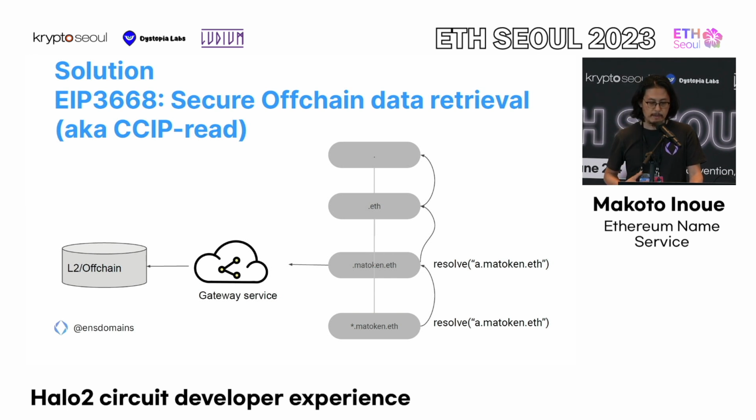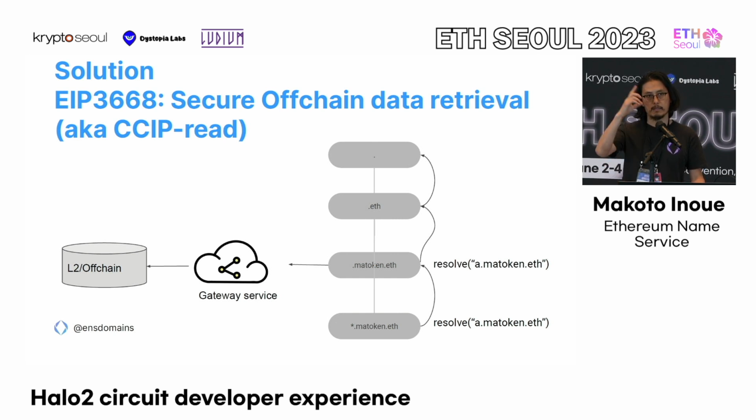Let's say I have a token, and you want to issue a subdomain a.mytoken.eth for free. If it doesn't exist on the Ethereum smart contract, it goes to the parent, mytoken.eth, and asks, do you know anything about it? Then you can write a smart contract which gets the data from something called a gateway service.